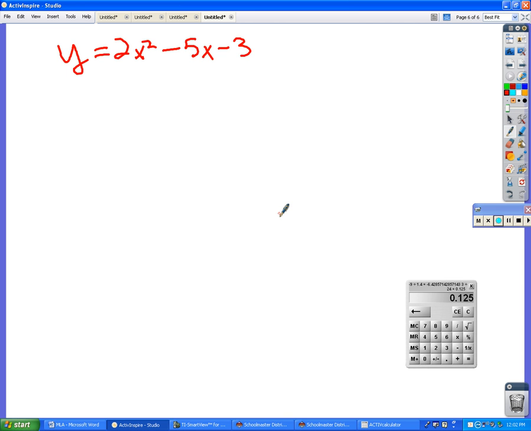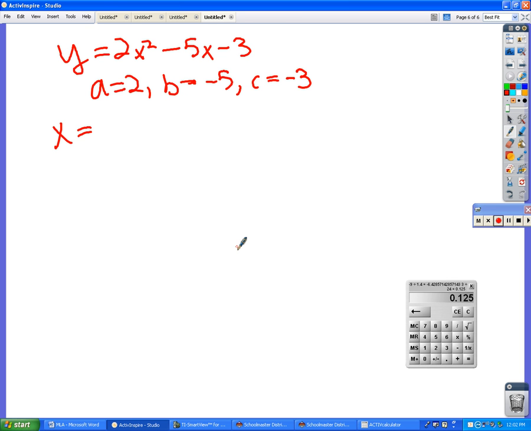What's A? What's B? Negative 5. What's C? Negative 3. If I want to find the x-coordinate of the vertex, this is why I wanted to do a negative. I have to do the opposite of B. So B is negative 5, the opposite is 5.